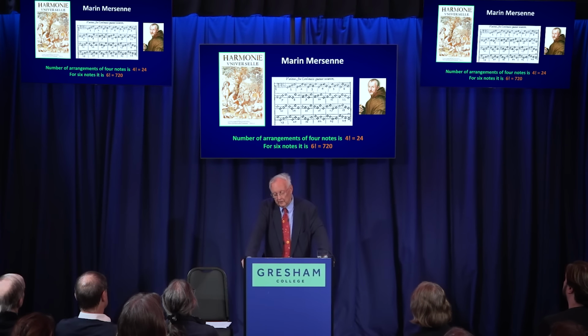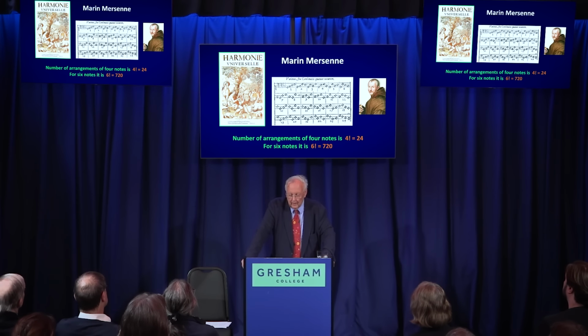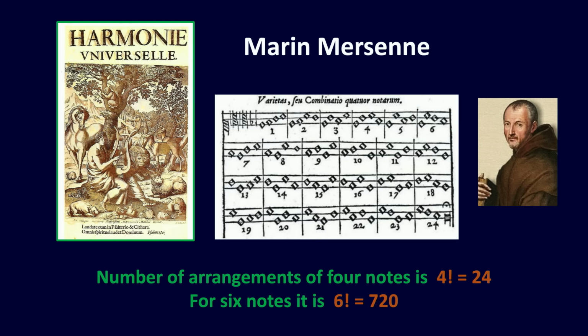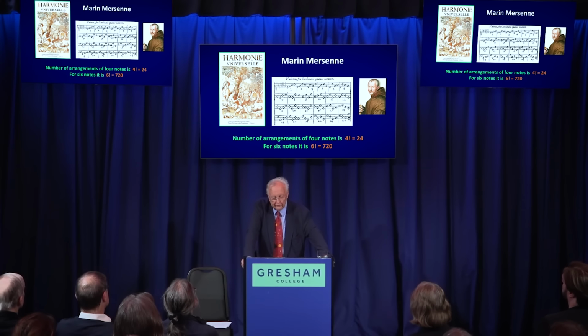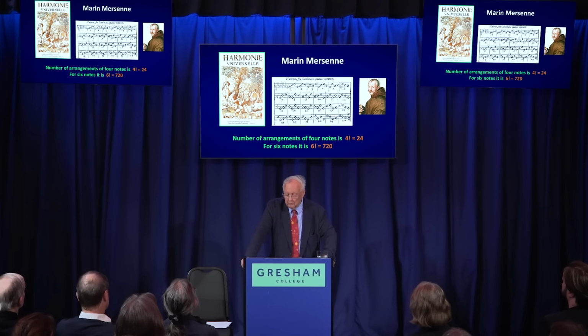Also interested in arrangements, but in a musical context, was the French monk and mathematician Marin Mersenne, of Mersenne primes fame. These are prime numbers which are 1 less than a power of 2, like 7 or 31. In 1636, Mersenne published a book on universal harmony, which dealt with many theoretical aspects of music.